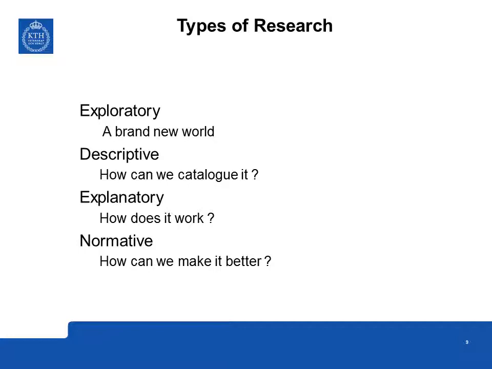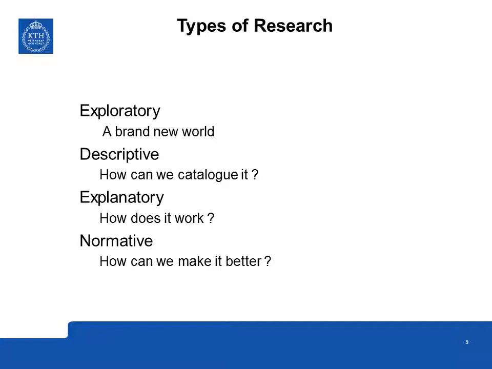We go into a new field, nothing is known, we just need to explore what's going on. As we know more and more, we get into the descriptive phase. We categorize and catalog different events and phenomena that go on in this world. And then we continue into explanatory research, where we try to explain why things happen, what causes different events and phenomena.